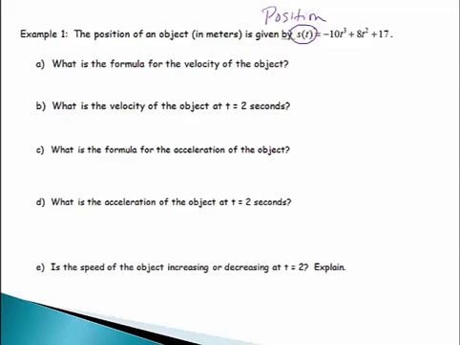So I'm going to take the first derivative. So I'm going to say velocity is, okay, power rule, negative 30t squared plus 16t. All right, now if the original is in meters, then this velocity function would be in meters per... We kind of need to know what that time is. Is it seconds?